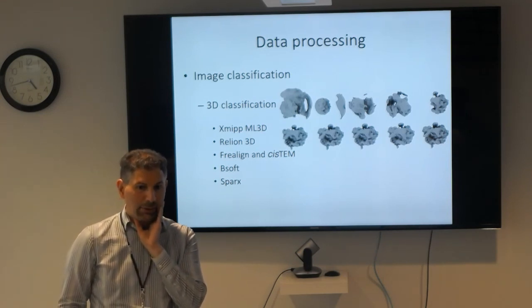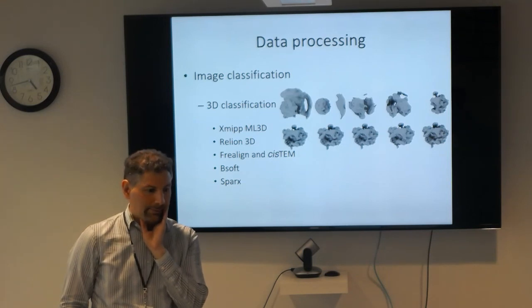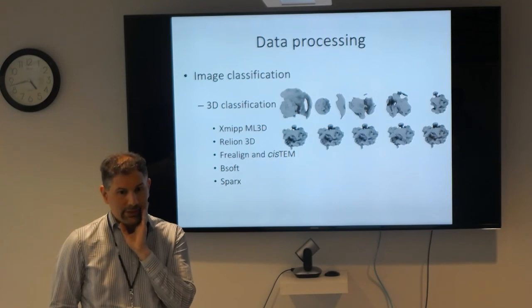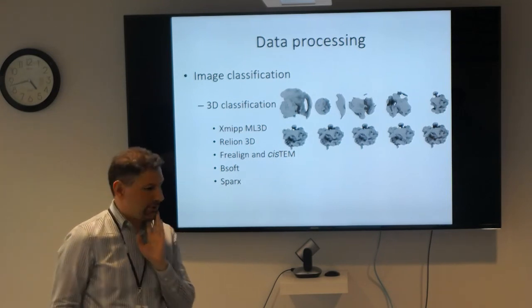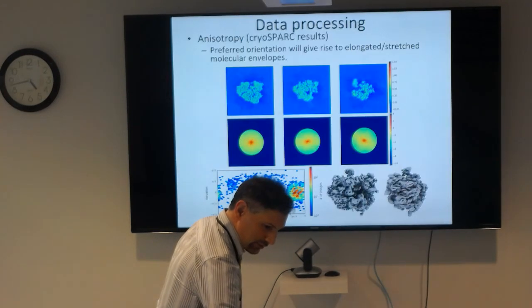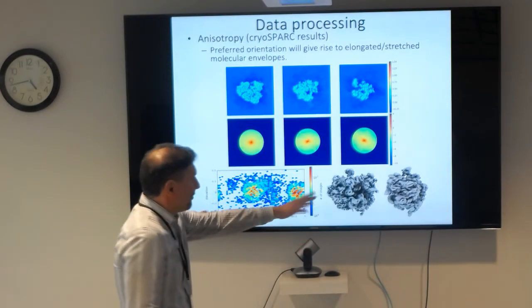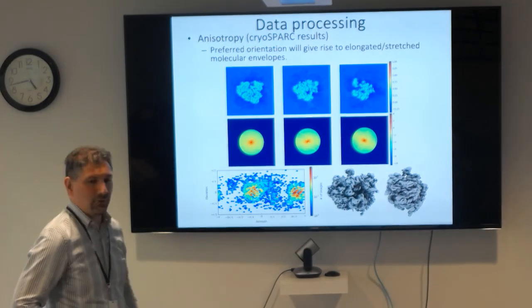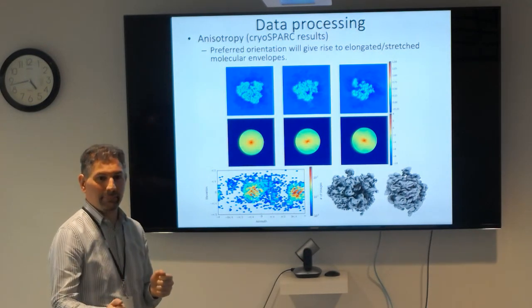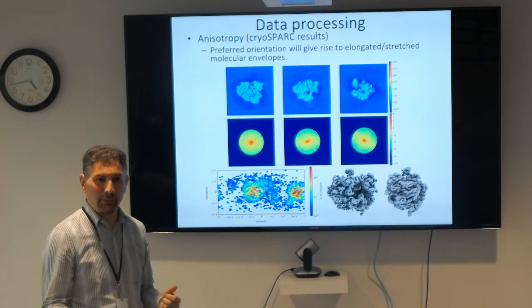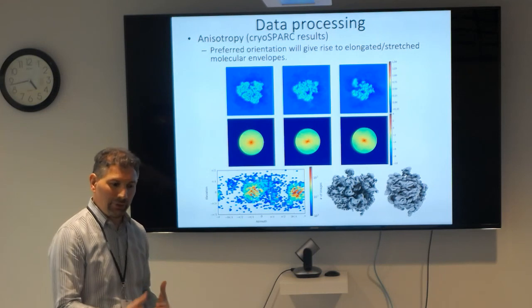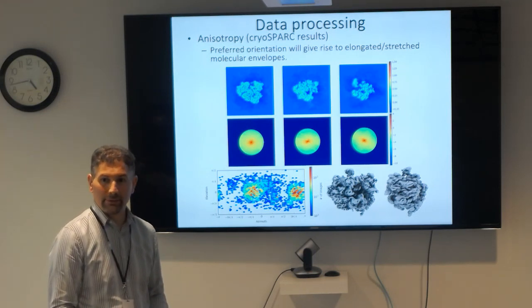Now, if you can replace it with better data, obviously you want to replace it with your better data. But when you look at, for example, that reconstruction that I showed you, this one is anisotropic. CryoSPARC says 3.4 angstrom, right? And you look at it, the density is elongated. So it's going to take someone who's experienced with looking at molecular envelopes to really interpret that very well, right?